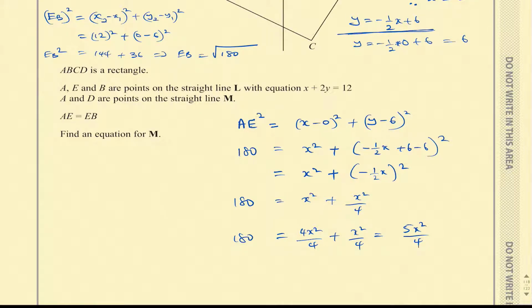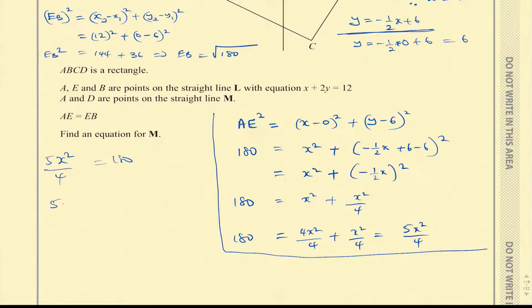And therefore, 5x squared over 4 is 180. Cross multiply by 4 to get 5x squared equals 180 times 4.